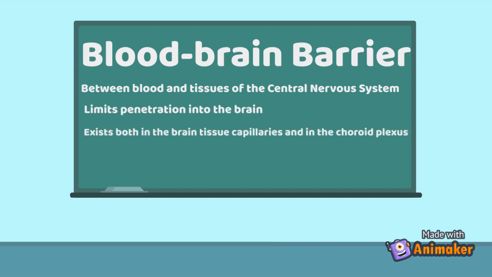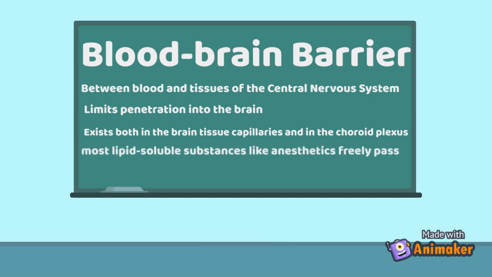It exists both in the brain tissue capillaries and in the choroid plexus, and is created by the uniquely tight junctions between the capillary endothelial cells or the epithelial cells of the choroid plexus and by the close association to the capillary walls of the glial cells. However, water, carbon dioxide, oxygen, and most lipid-soluble substances, like anesthetics, freely pass through the cell membrane and gain entrance to the brain.